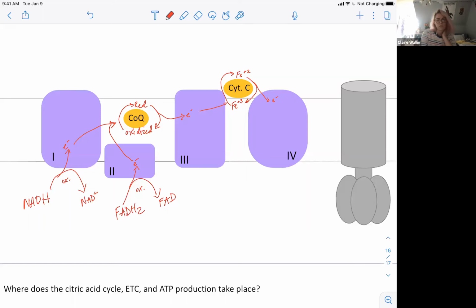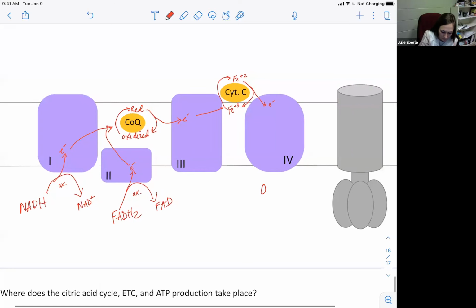Does it form oxygen? It goes to oxygen. So specifically, an oxygen atom is half of an oxygen molecule, but we always write it as an oxygen molecule in a chemical reaction. So the electrons go to oxygen, and we make water.